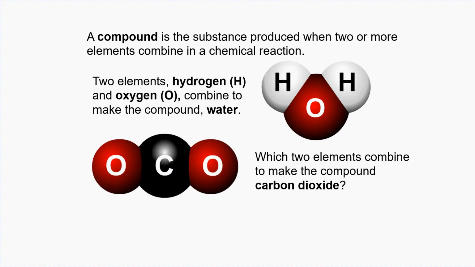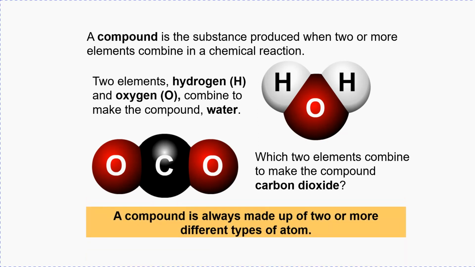This is carbon dioxide, so again, you've got 2 atoms of oxygen joined to 1 atom of carbon, okay? So the formula for that would be CO2, because the 2 is telling you how many atoms of oxygen you've got.